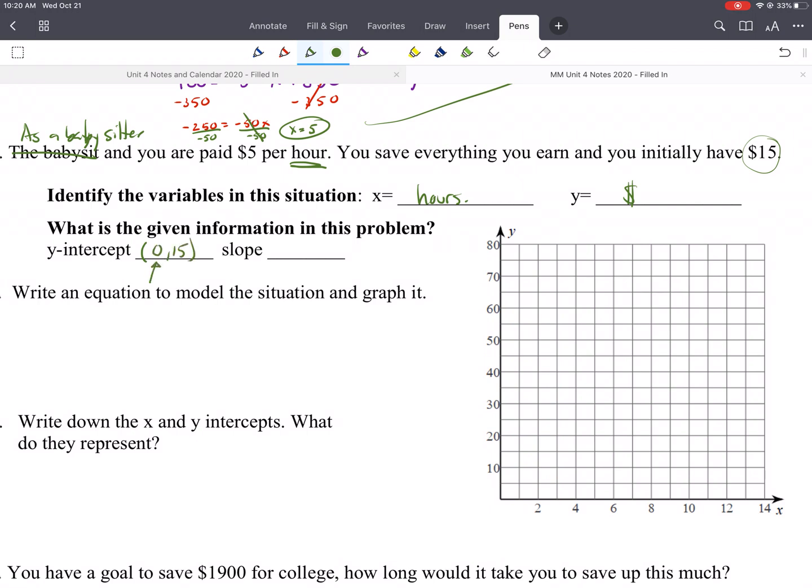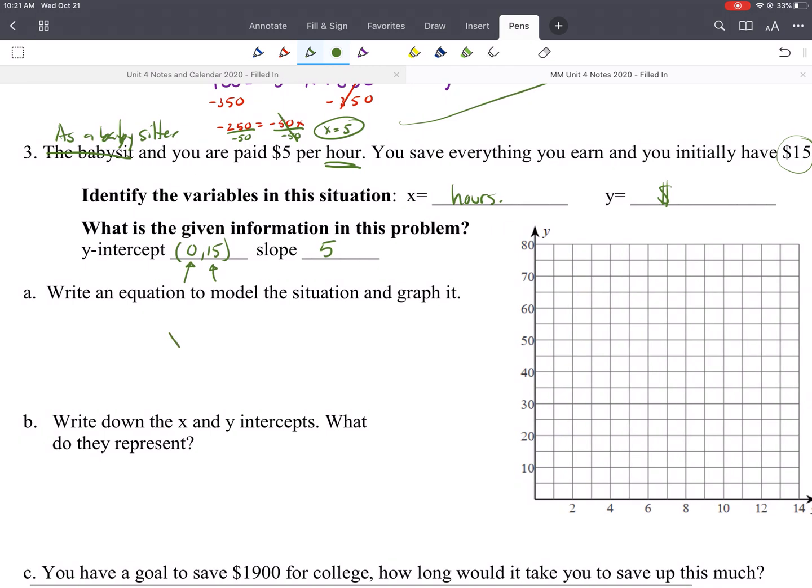At time 0, we have $15. And the slope here is going to be 5. It's going to be positive or negative? It's going to be positive because she's earning. She's not losing that money. All right? Okay, so we want to write our equation. So y is equal to mx, so 5x plus 15.